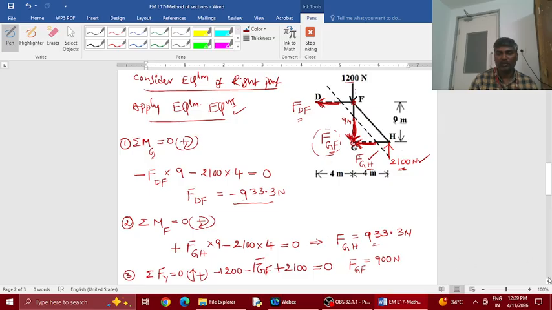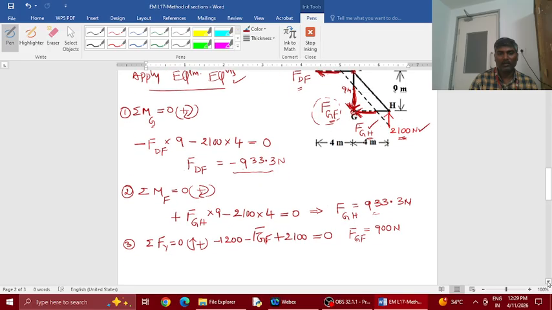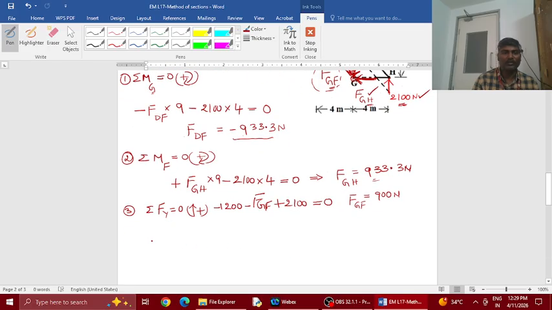Now if you just write the final solution, F_DF value is 933.3 Newton, which is in compression.